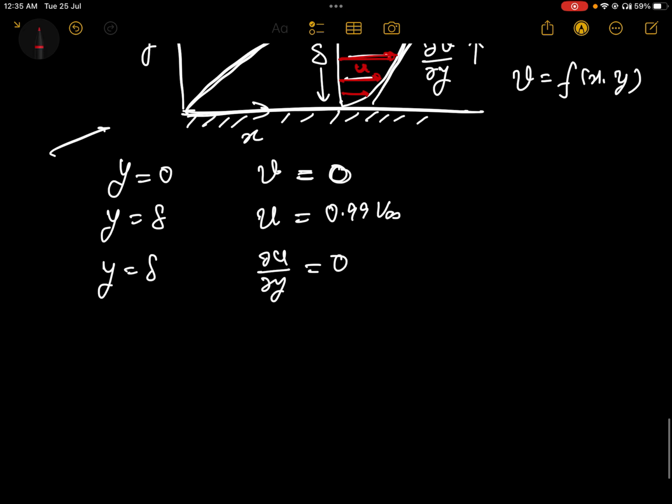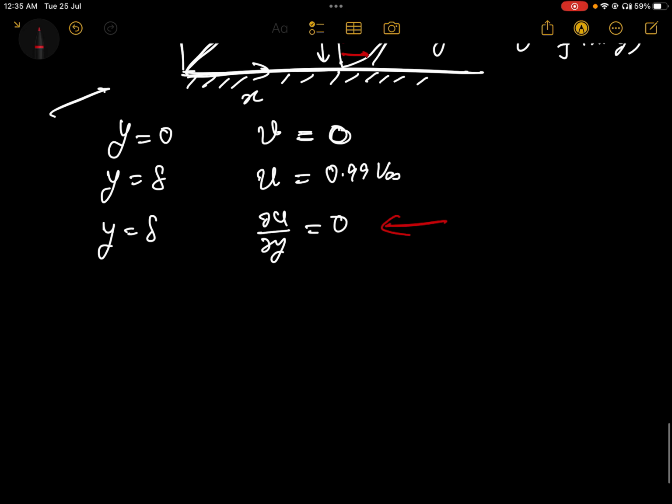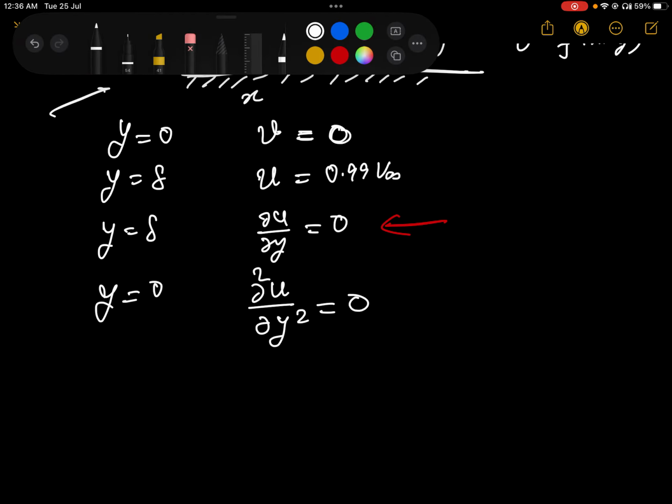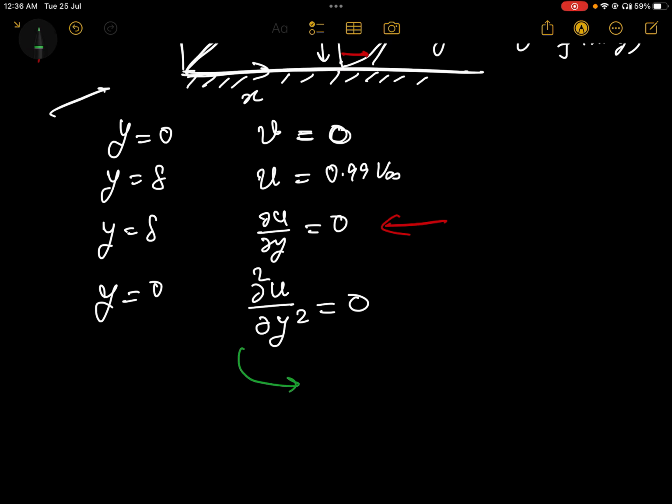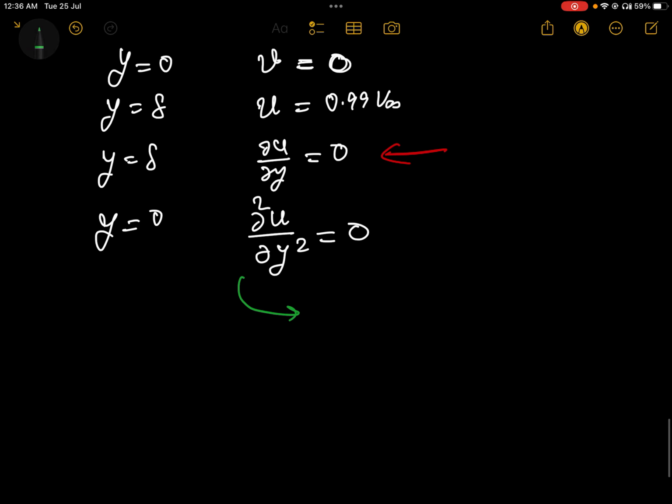Fine, this is understood. And at y equal to 0, if I want to find del square u upon del y square, that will be 0. Let us try to understand what it means.